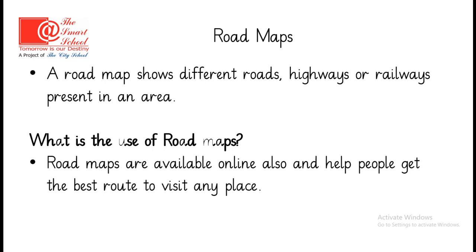What is the use of road maps? Road maps are available online also and help people get the best route to visit any place. Can you think of an example of the road maps? Yes, nowadays we all are using Google Maps.